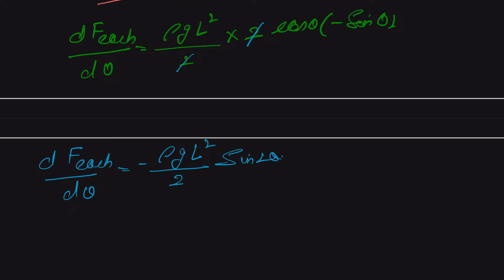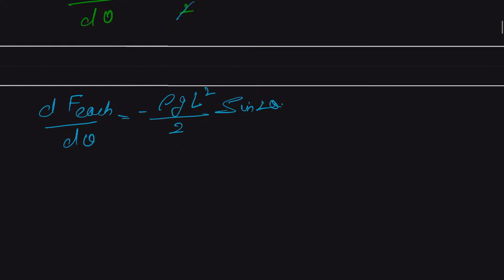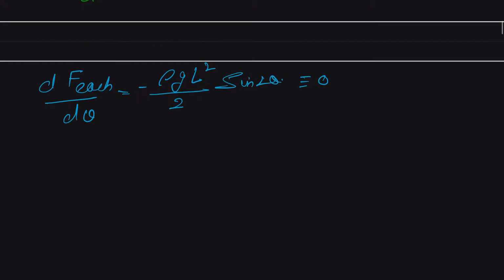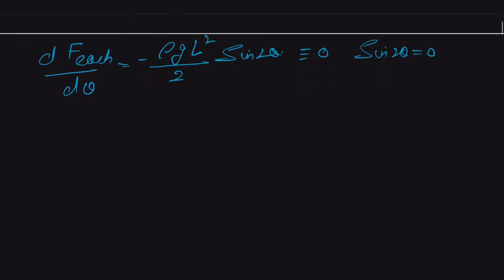And we put this derivative equal to 0, okay, because we need to find out the maximum and minimum. So we put it equal to 0, therefore we get that sine of 2 theta is equal to 0. Or in terms of trigonometric identities, we can say that 2 theta is equal to n pi. Okay.